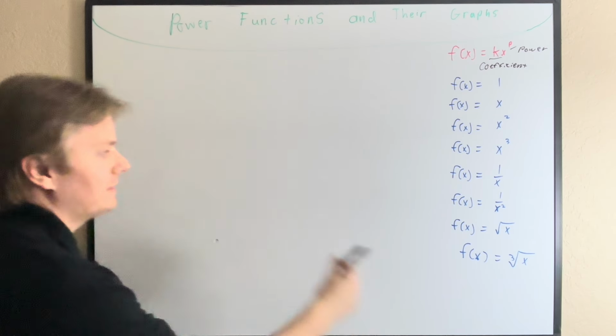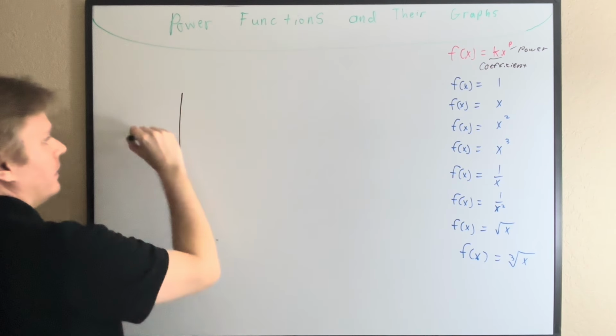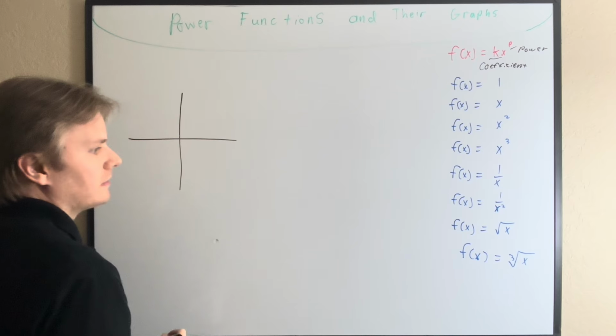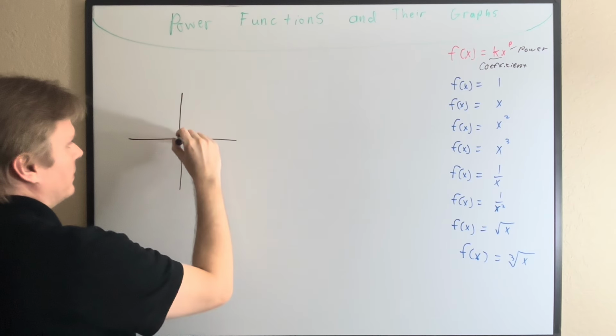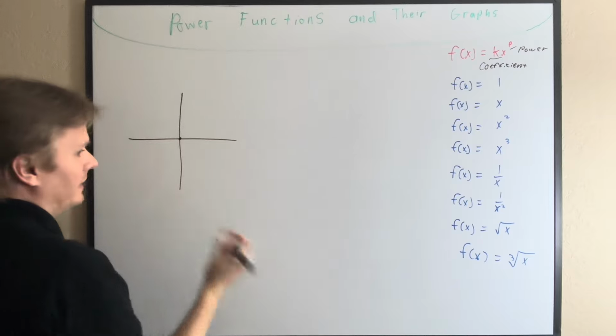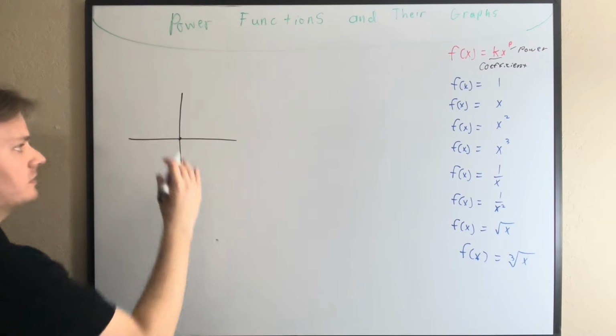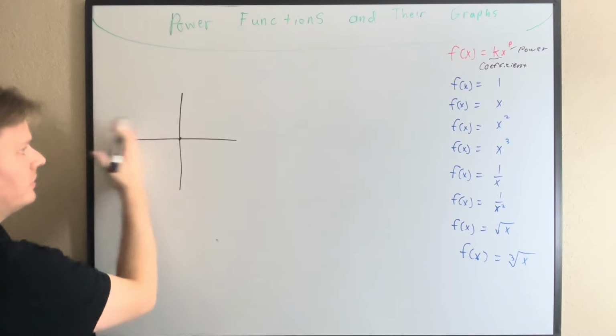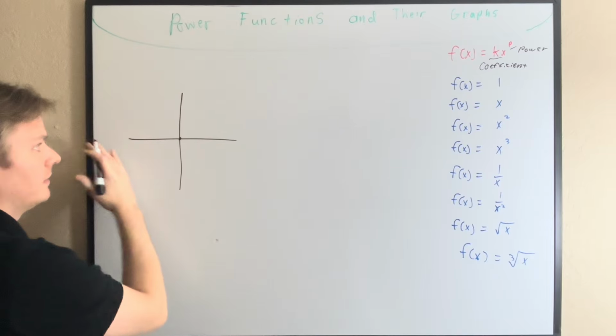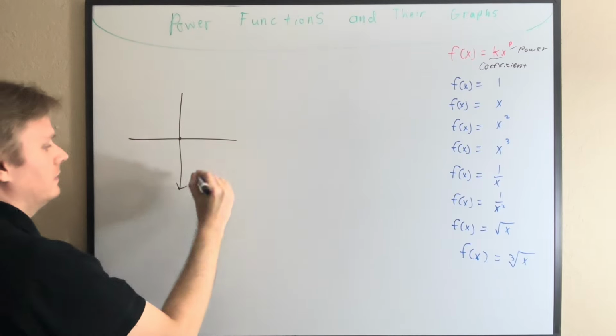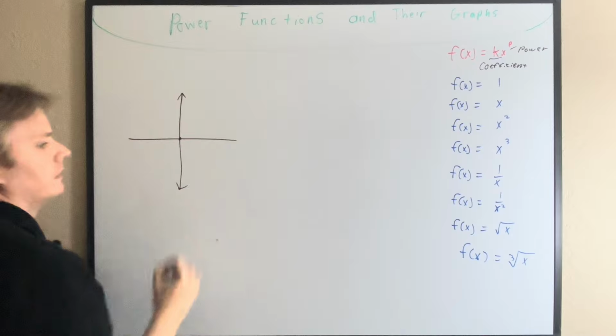All right, let's do these last two. Square root of x. Plug in a 0, you get 0, right? Plug in a negative, you get imaginary numbers. So there's nothing to the left of the y-axis. Absolutely nothing there.